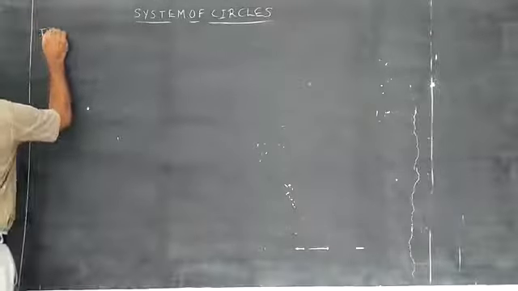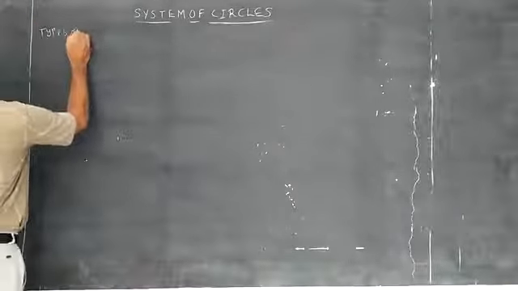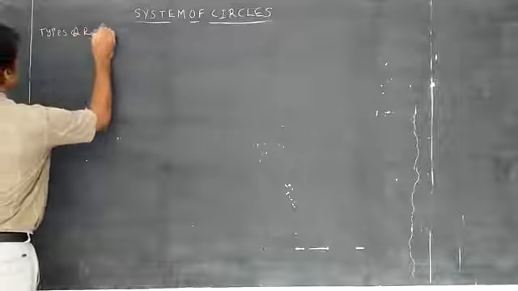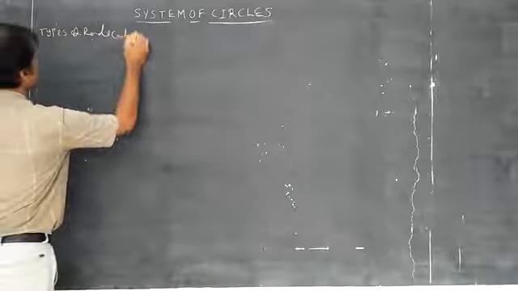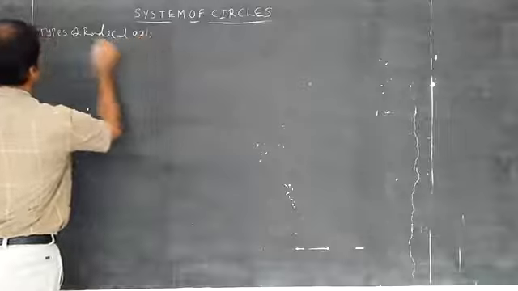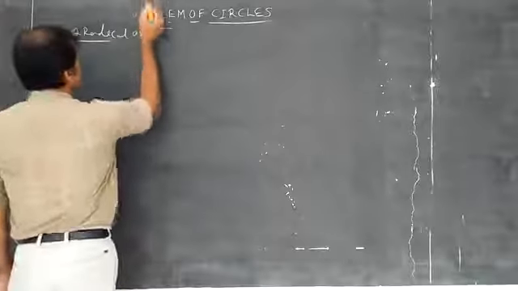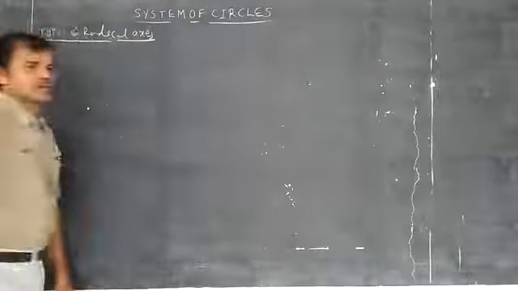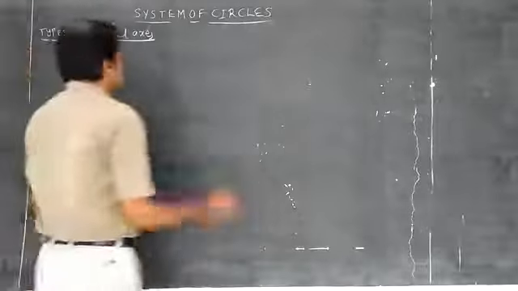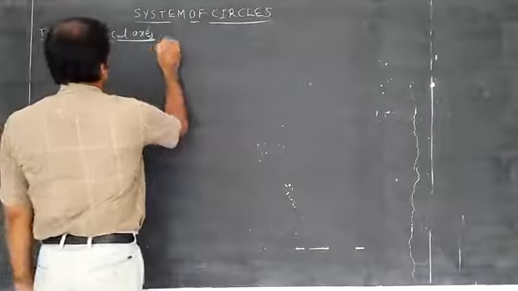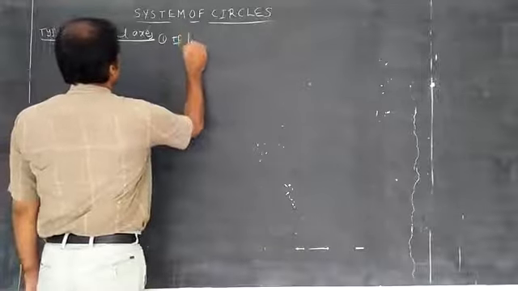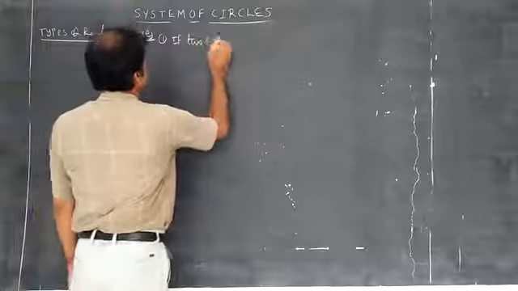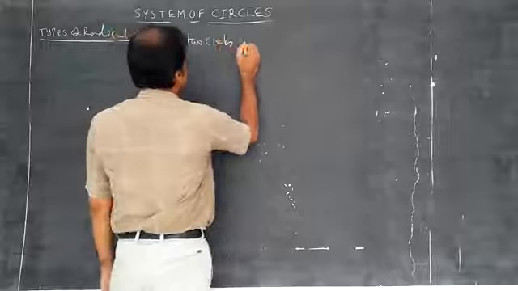Types of radical axis. First one, if two circles intersect.